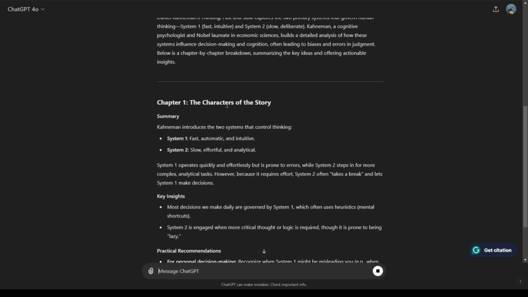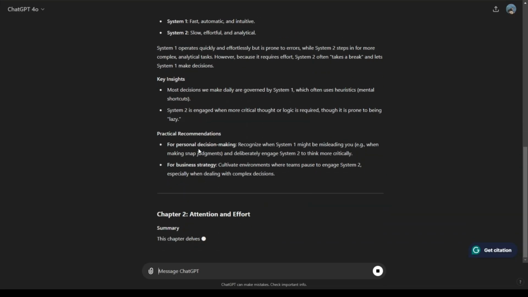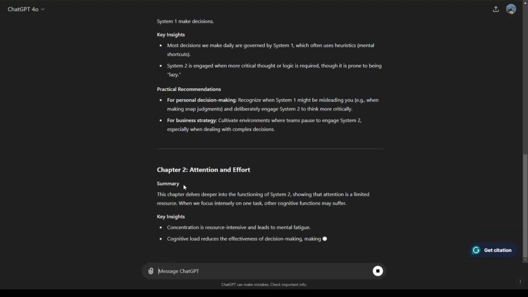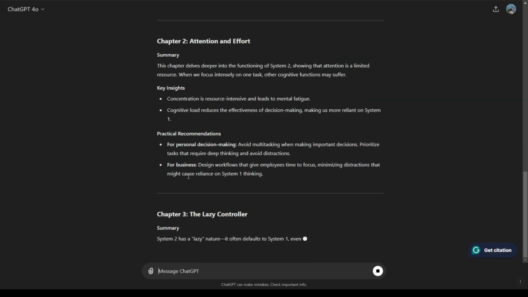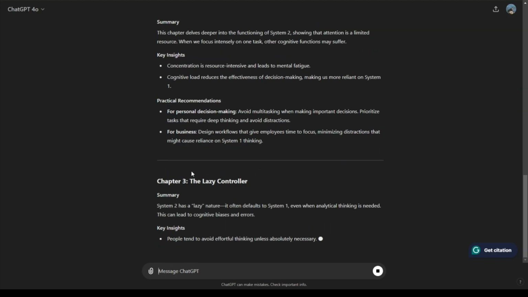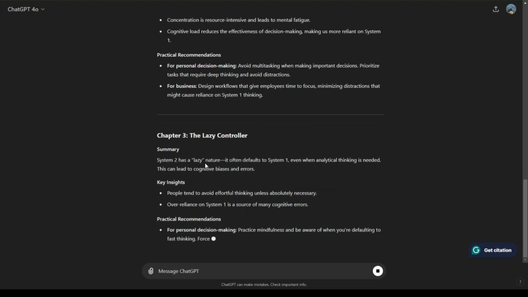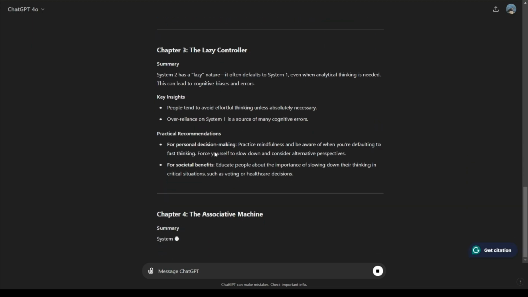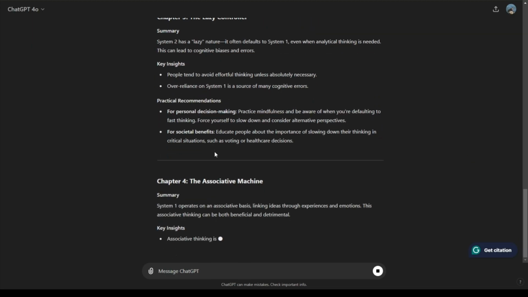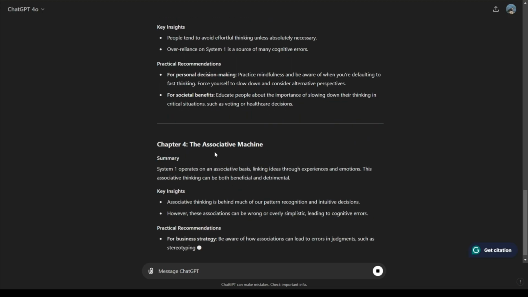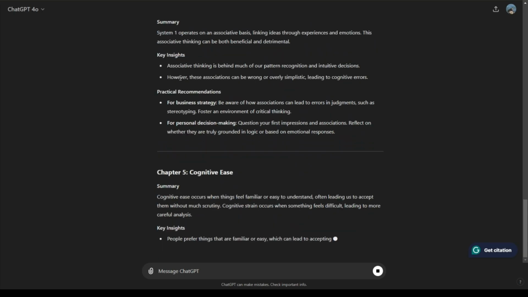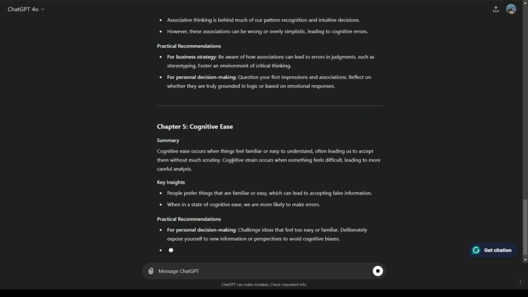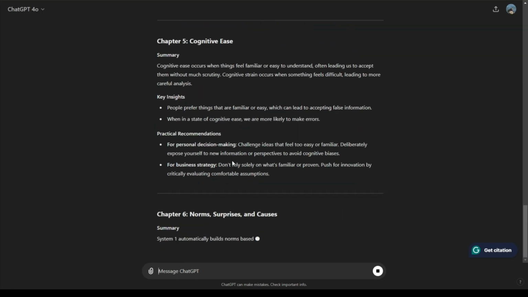So the characters of a story, and then practical recommendation, and then attention and effort, practical recommendation, lazy controller, and so on. The third chapter says system two has a lazy nature, defaults to system one even when analytical thinking is needed. The associative machine, cognitive ease. So you get the idea.